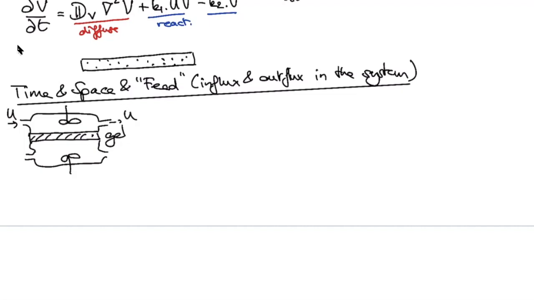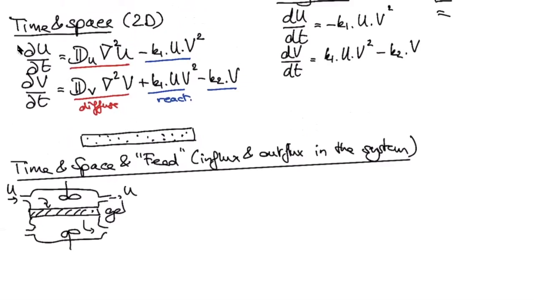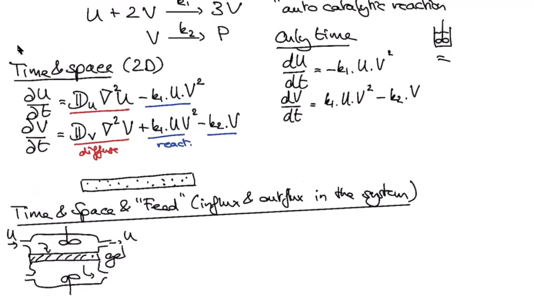So here I have a constant concentration of U, and at the bottom I'm just stirring. There is an influx of U into my gel, and here I'm removing my waste products. So U is being added, and V, U, and P are flowing out of the system.